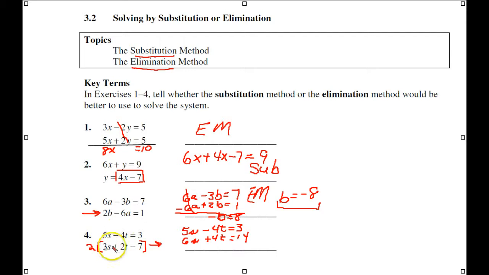So what we do is we put brackets, put a 2 outside, and then multiply each term, making this a different equation, but equivalent, so that now the 4t will cancel out. And then we get 11s. These cancel out, and we get equals 27. Now, notice this one is not the same equation anymore, but it's equivalent. And we're authorized to do this. So for example 4, we would use the elimination method.